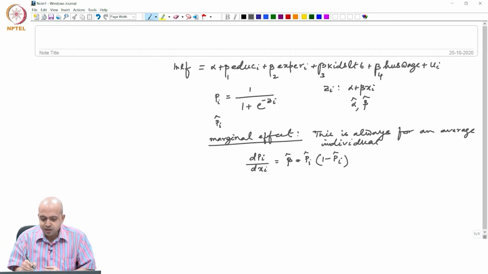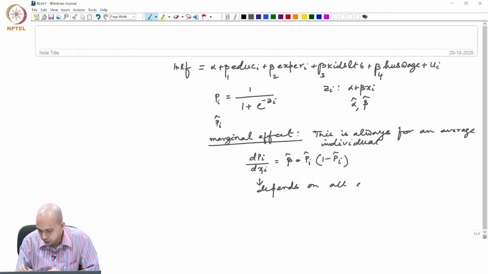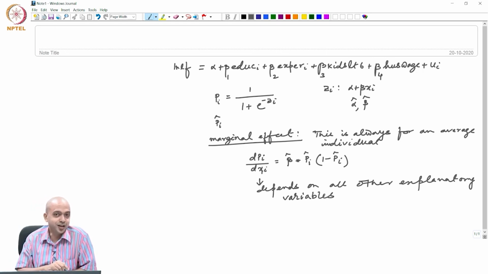Okay. So, since pi depends on your xi, and xi is basically all these independent variables, even though you are interested in calculating the marginal effect for, let us say, x1i, it all depends on all other explanatory variables, which is not the case in the linear probability model.